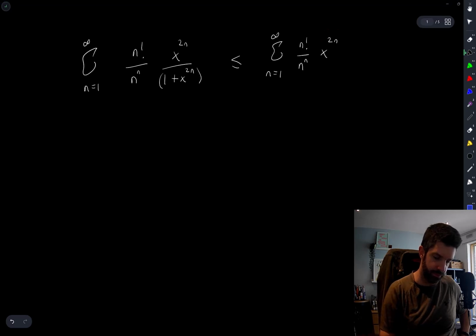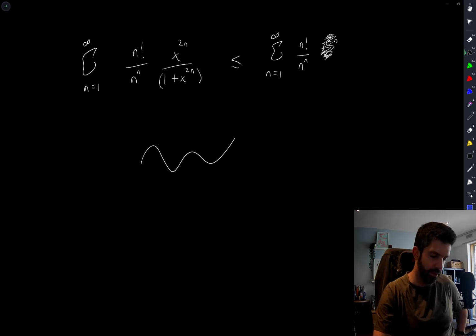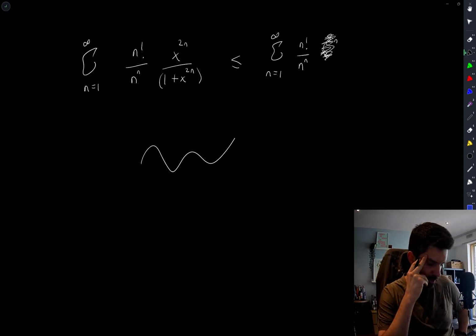Why can't I erase this? Uh-oh. Seem to have frozen here a little bit. Okay, I think if I get rid of that, maybe up to a constant. Although I think this is actually just true.